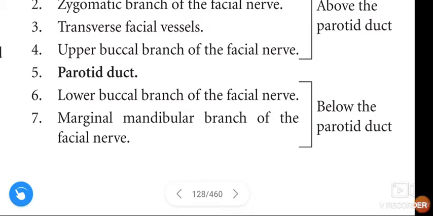Next, structures related to the anterior border present below the parotid duct: the lower buccal branch of the facial nerve and the marginal mandibular branch of the facial nerve.